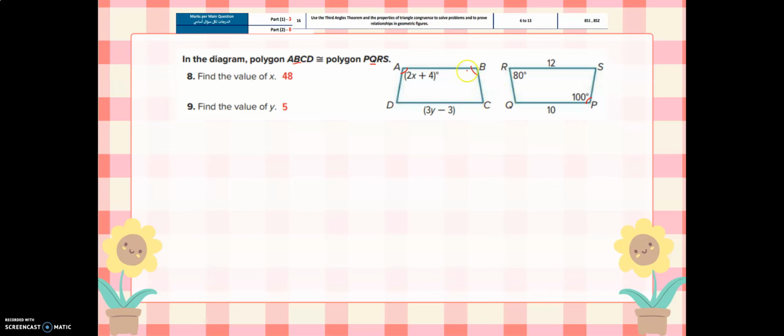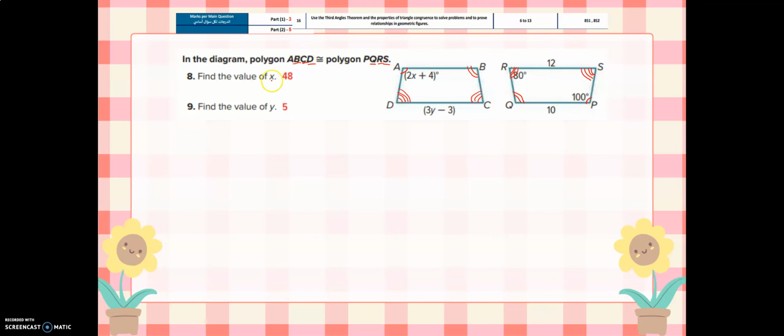B corresponds to Q. All right. And then C corresponds to R. So R is somewhere here. 1, 2, 3. And then we have D corresponds to S. So 1, 2, 3, 4.